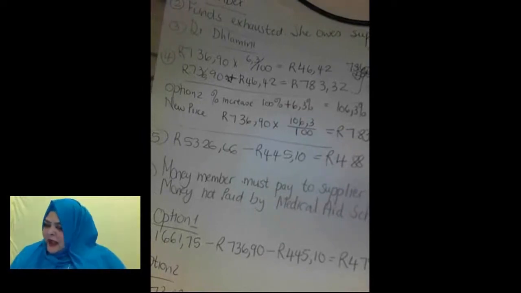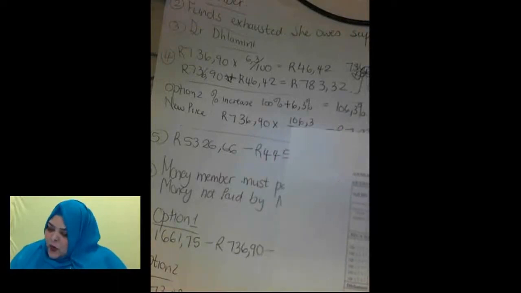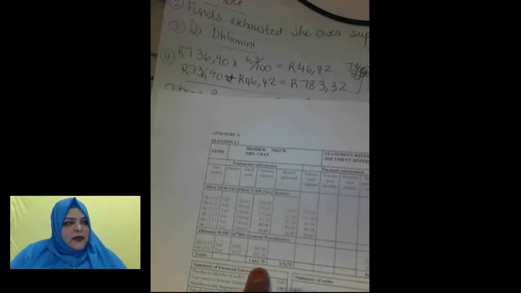1,661.75. Now, on your annexure, it is here, under the total amounts, 1,661.75. You all with me, guys? Like I said, it's better to keep your annexure on your desk next to you. Take it off from your question paper so that you can refer to it anytime when need be.